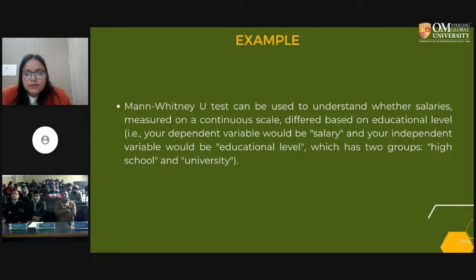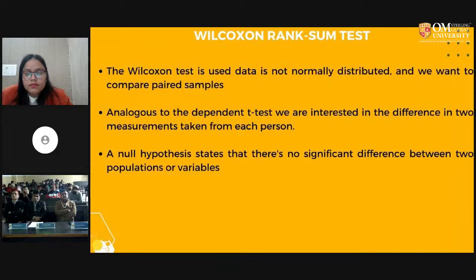Next slide, please. Now, this is the second type of alternative, to the paired t-test that we have already discussed. The Wilcoxon rank sum test is an alternative to the paired t-test. Here also you have to identify whether your data is normally distributed or not.